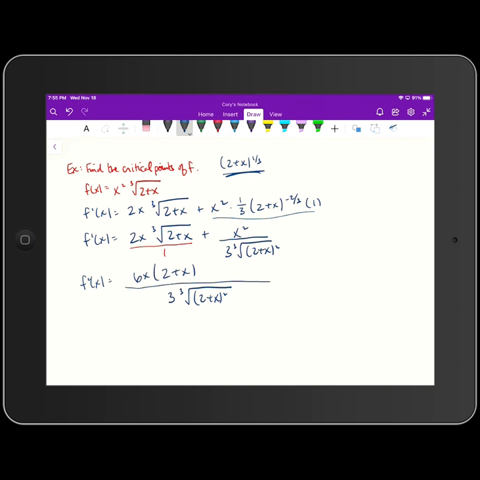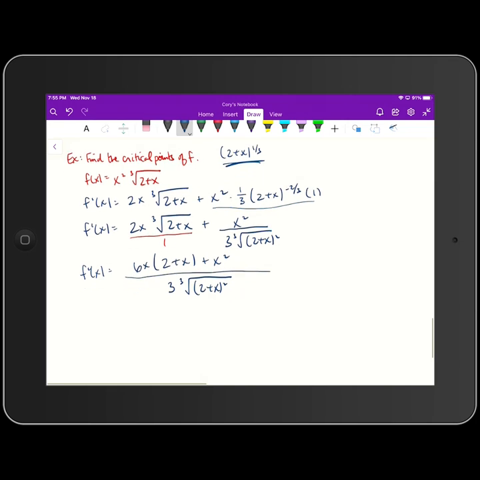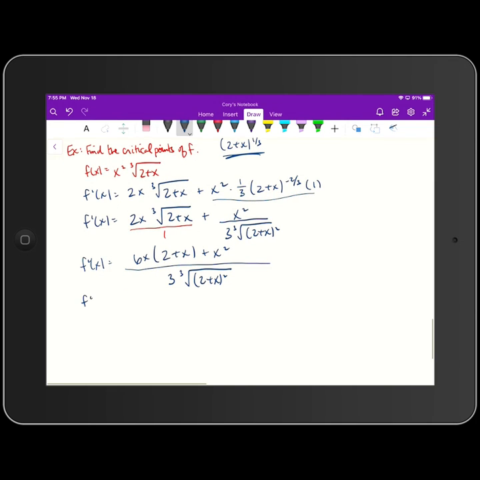The second fraction already has that denominator, so I don't have to do anything to it. I leave that numerator alone. All I have to do now is distribute 6x across both terms. That's going to give me 12x plus 6x squared plus x squared.